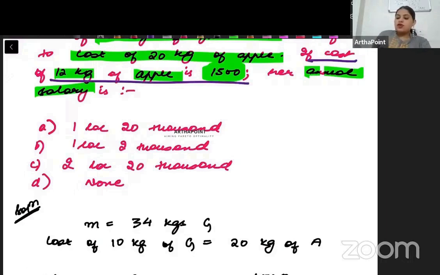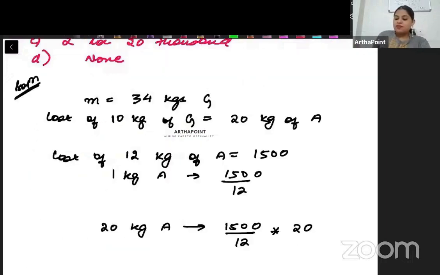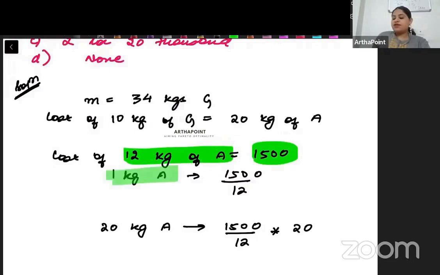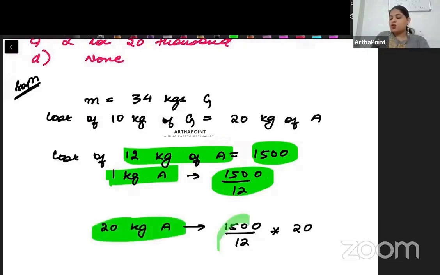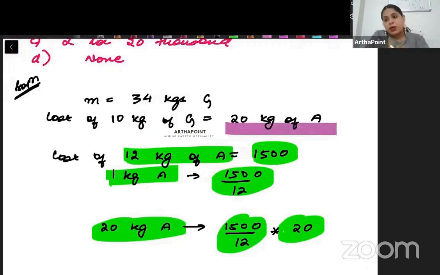So cost of 12 kgs of apple is 1500. So what will be cost of 1 kg of apple? 1500 divided by 12. So what will be cost of 20 kgs of apple? Whatever is the cost of 1 kg of apple into 20. But cost of 20 kgs of apple is equal to 10 kgs of groundnut.